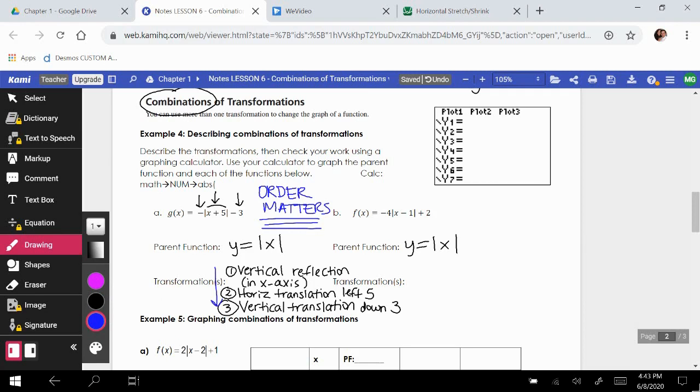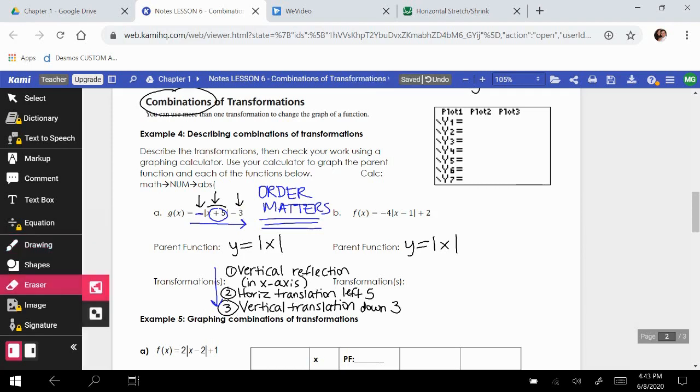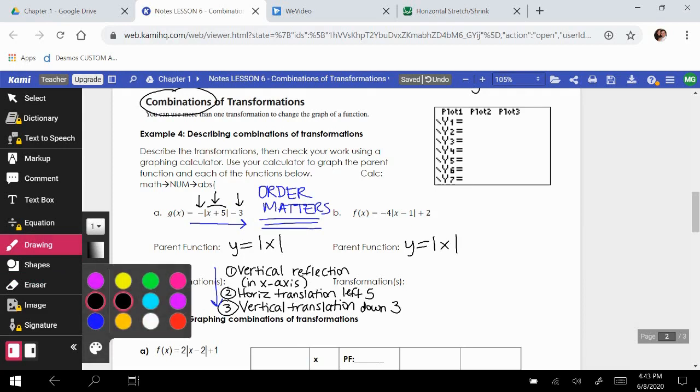If you write them out of order, you could be wrong. To make sure that I always write them in the correct order, I start on the left-hand side and work my way from left to right. So you can see I saw the negative first, then I saw the plus 5, and then I saw the minus 3. If you work your way from left to right, you're not going to be wrong when you're listing out those transformations. Okay, so let's list out the transformations in part B, working our way from left to right.